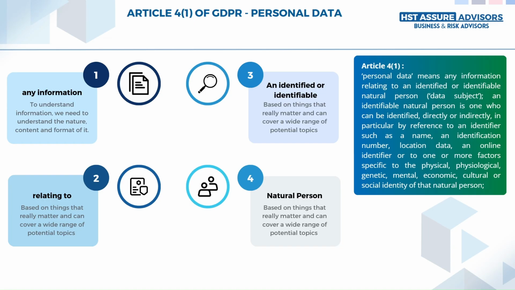Pseudonymous data. Pseudonymization is defined in Article 4(5) as the processing of personal data in such a manner that the personal data can no longer be attributed to a specific data subject without the use of additional information. Crucially, this additional information must be kept separately and be subject to technical and organizational measures to ensure the personal data cannot be attributed to an identified or identifiable person.